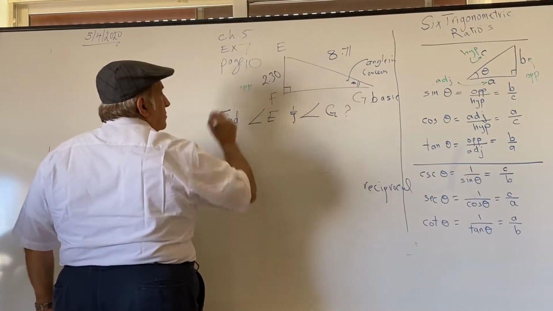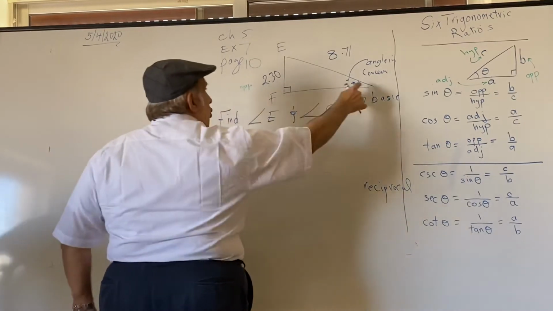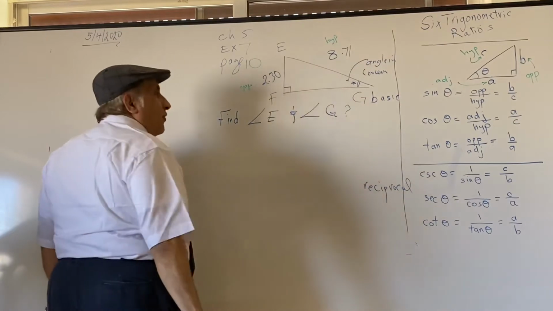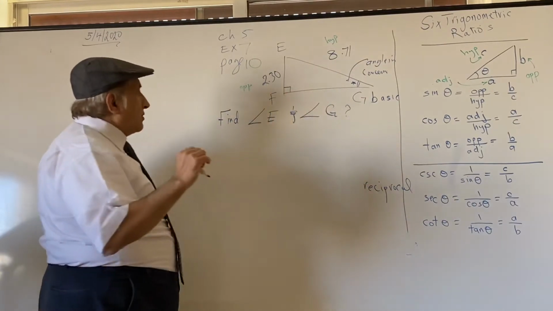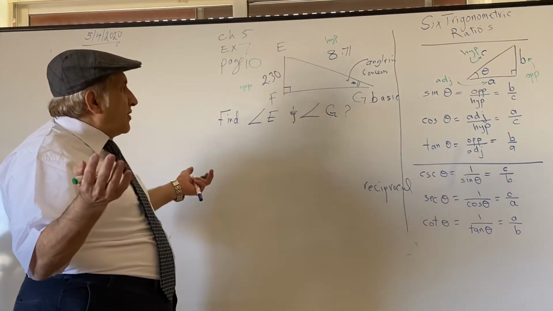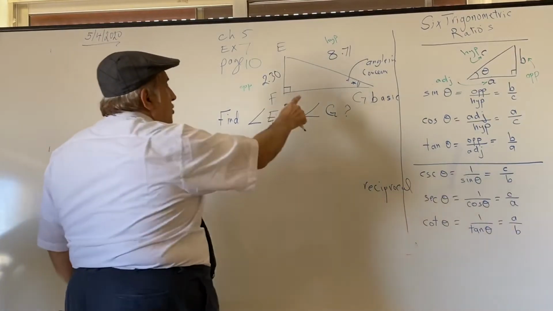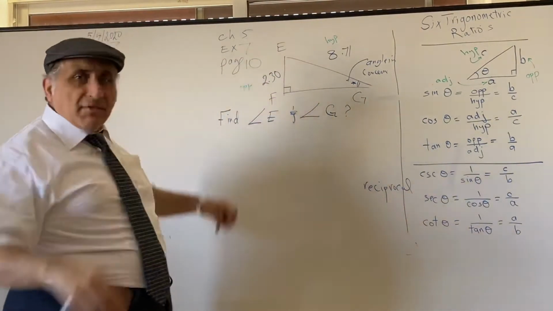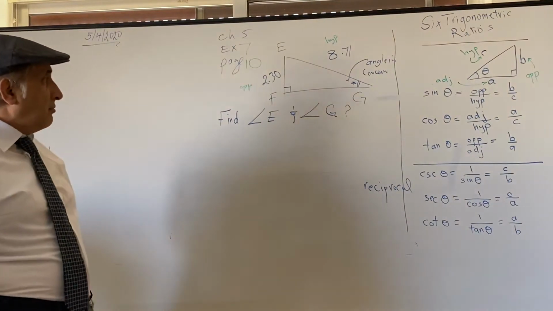Opposite. And the tallest, longest side, what is it called? The hypotenuse. Oh, I don't need the adjacent. He's not asking me to find the length of FG.